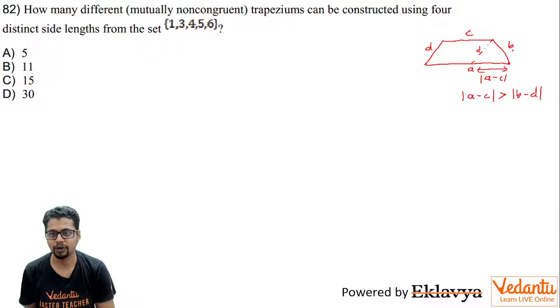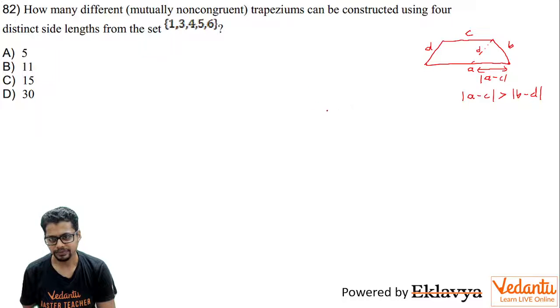So mod of B minus D is supposed to be less than the third side, which is mod of A minus C. This is a constraint based on which we'll decide how many different non-congruent trapeziums can be constructed using four distinct side lengths from this set.